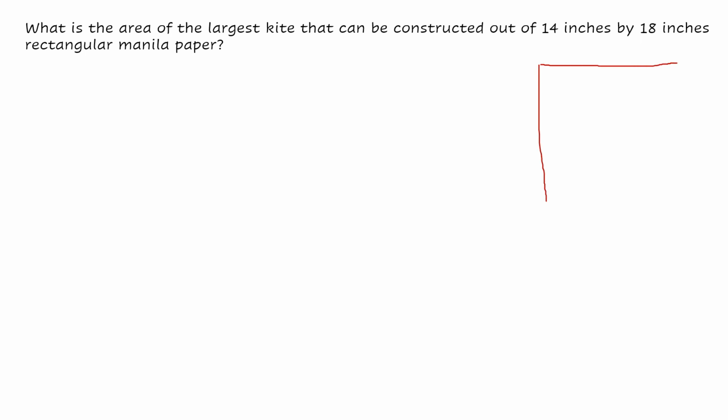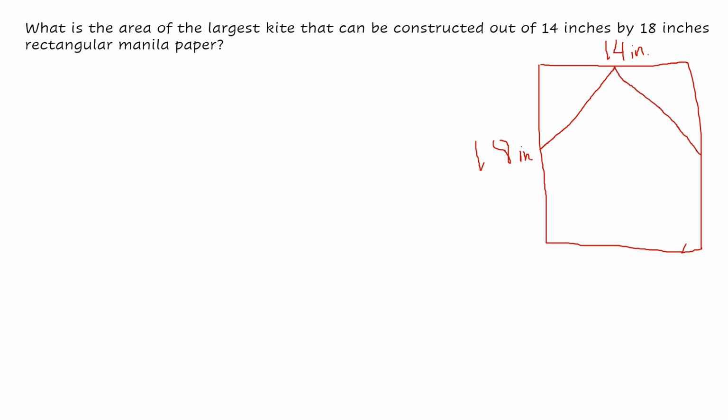So the Manila paper, which is in a rectangular shape, has dimensions of 18 inches and 14 inches. Now you are going to construct a kite out of this 14 by 18 rectangular Manila paper. Naturally, the kite would look like this.